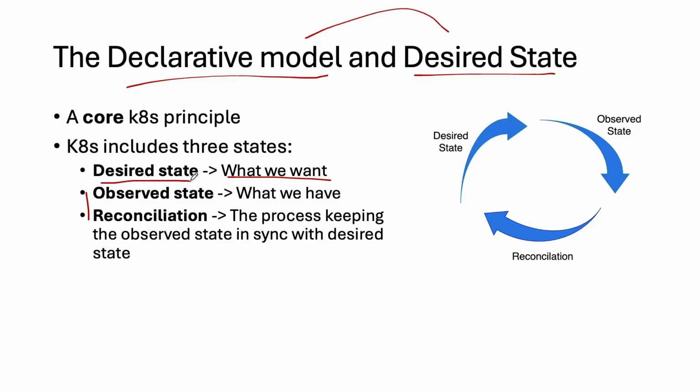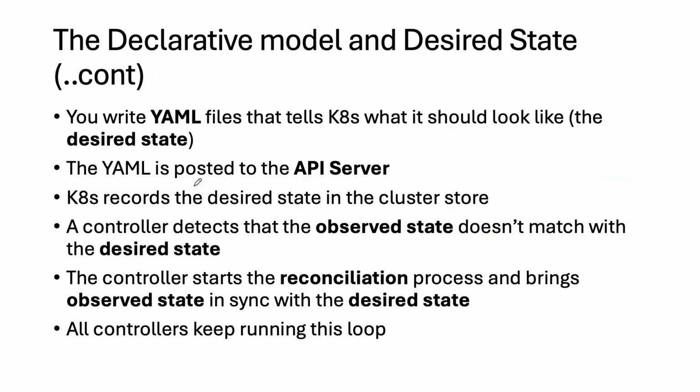After that, Kubernetes is also going to be checking the observed state. If there is a difference between the observed state and the desired state, a reconciliation process is going to happen, which is the process of making the observed state equal to the desired state. Hope this makes sense. This is a very simple but very powerful concept of Kubernetes.